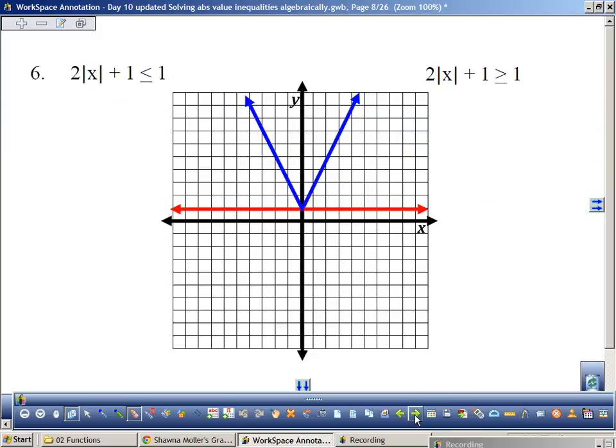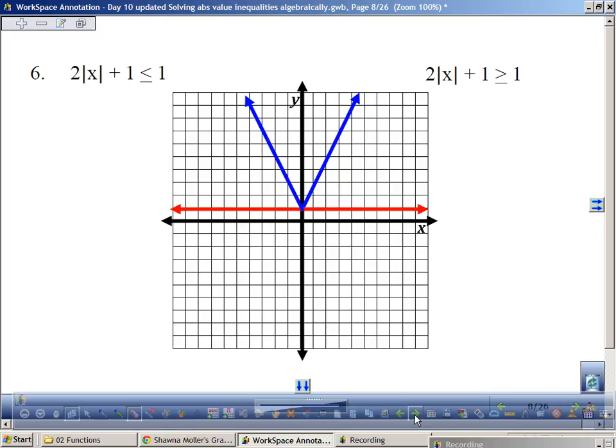Erase that. Let's see. Do you guys think you can do one? This looks like a special case to me. It's a different special case, and this is number 6 on your homework. So let's do it algebraically and then look and make sense of the graph with it.